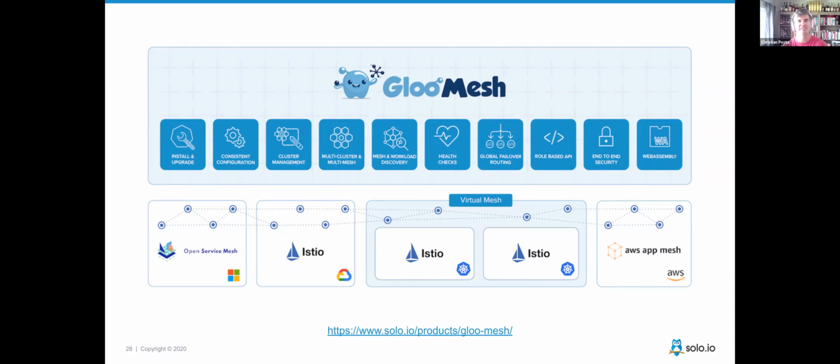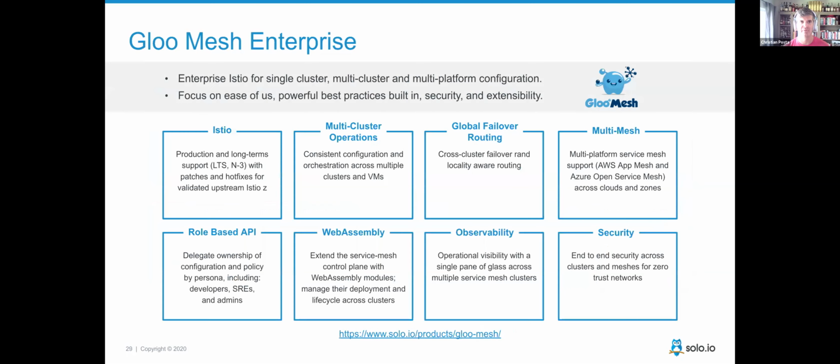Or maybe you go to AWS and use that mesh. So GlooMesh right now is focused on Istio, knowing that you might end up in situations where you need to extend out to additional mesh implementations, and we're there to cover that for you as well.